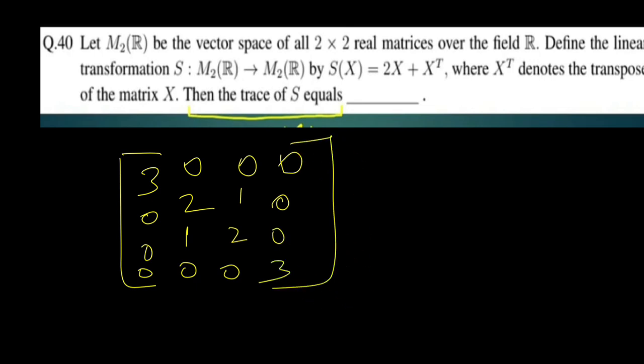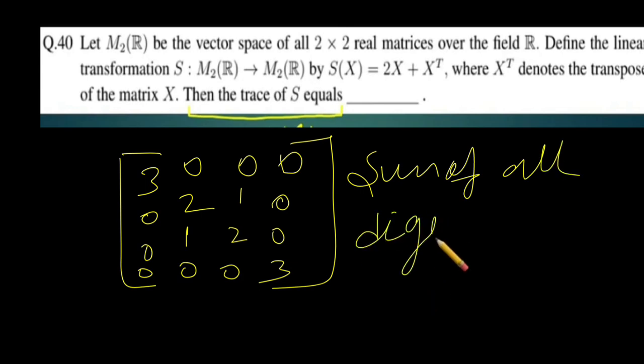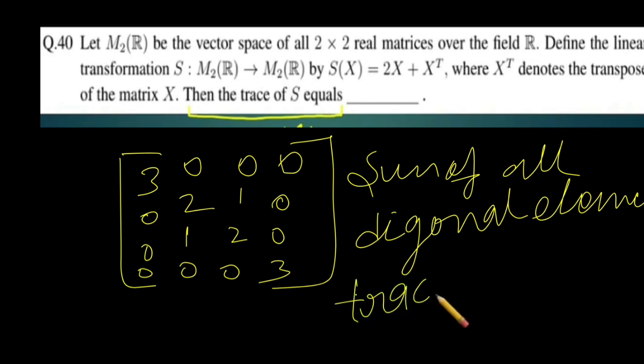This is the matrix representation of S. Then you find the trace, the sum of all diagonal elements. Calling this matrix A, the trace of A is the sum 3 plus 2 plus 2 plus 3, which is 10. The right answer of this question should be 10.